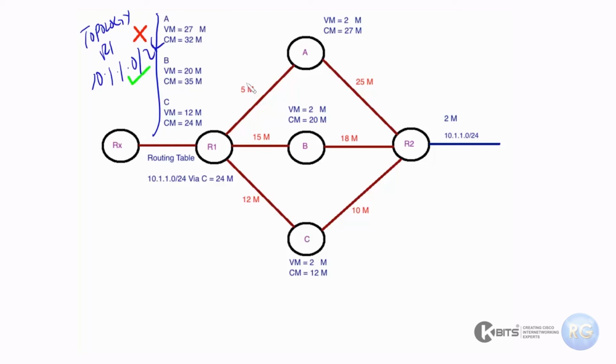A will add the cost over here as 5, make it 32. B will add the cost 15 over here, make it 35. And R1 will add the cost of 5 or 15 or 12 to the advertised distance or the vector metric and make it into the composite metric. Good so far?